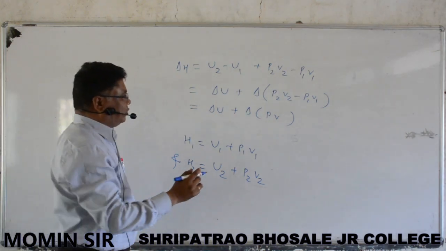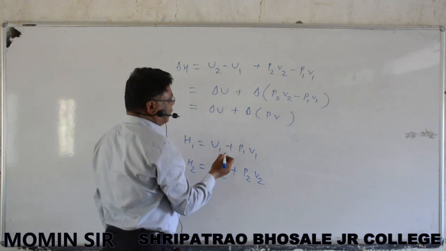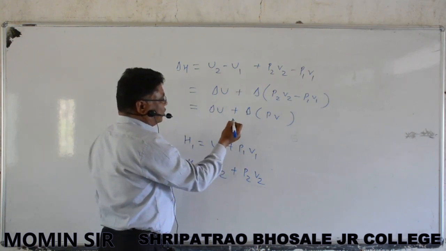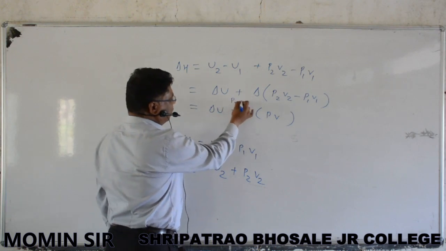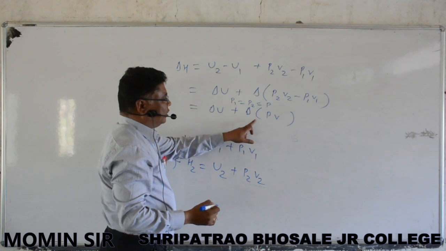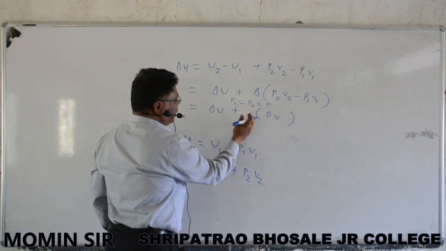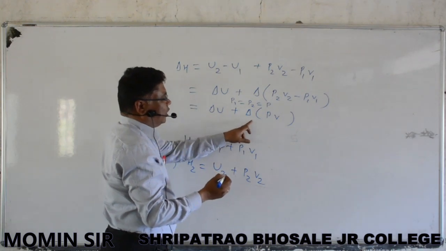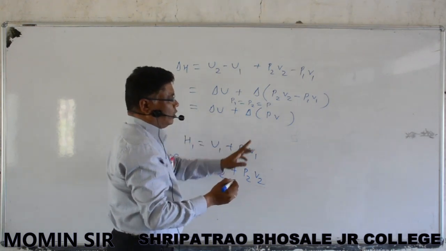Or at constant pressure, you know that P1 is equal to P2 is equal to P. That's why we can write this equation as delta H is equal to delta U plus delta PV.